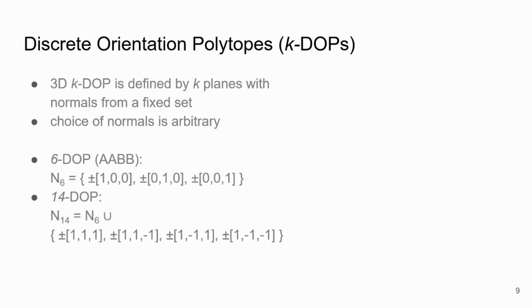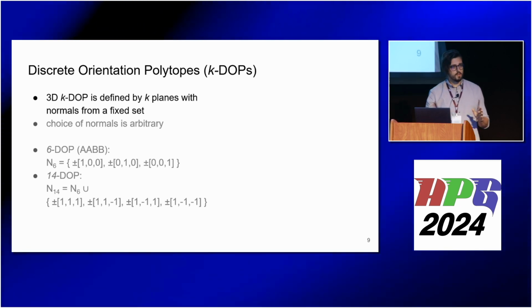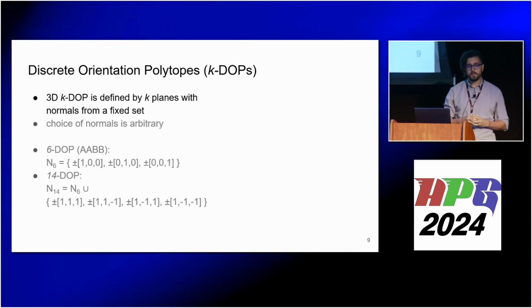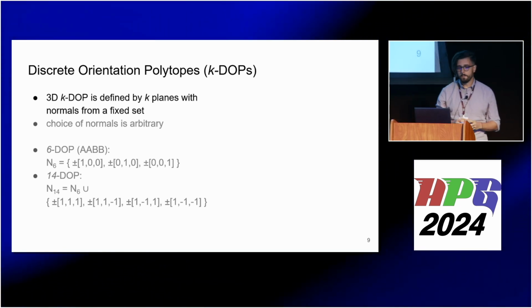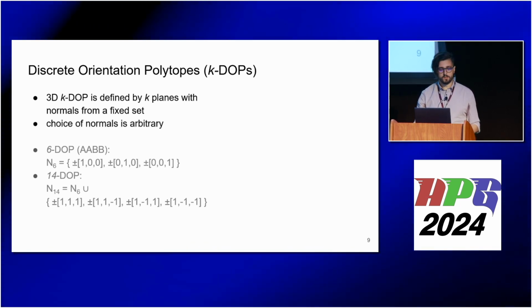And for our specialized 3D use case, it's actually a convex polyhedron defined by k planes, or the intersection of k planes. And the discrete orientation part means that the normals for these planes come from a predefined set. And we choose our normals in this set.